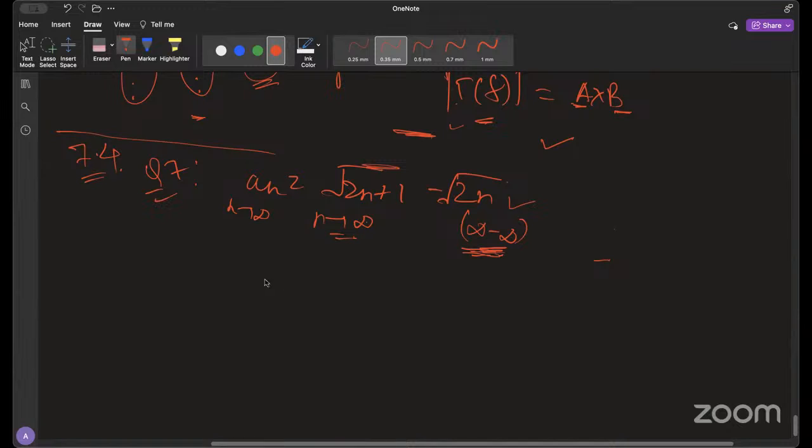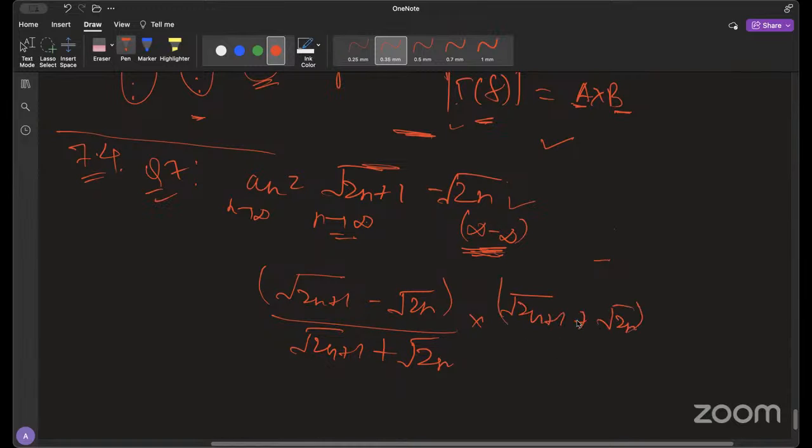What you can do is this thing. It's like rationalization, but it's not called rationalization in this particular case.